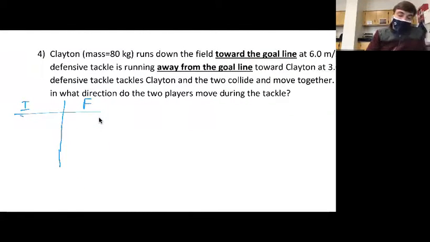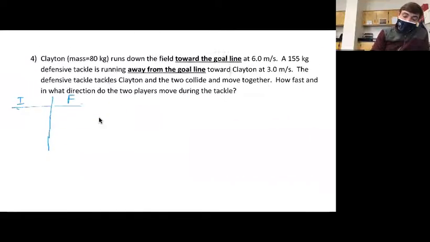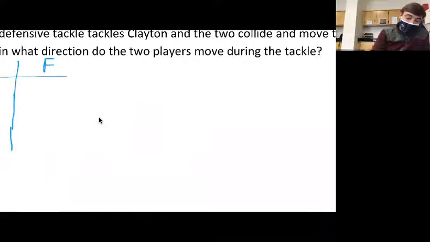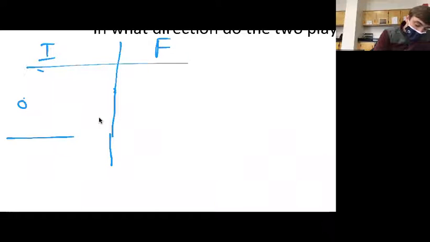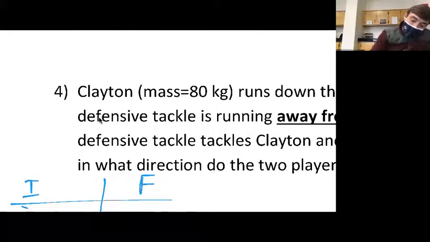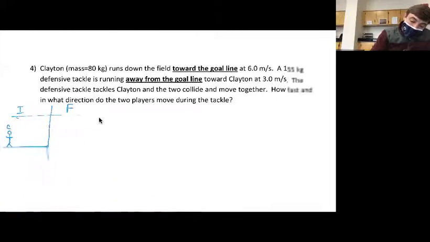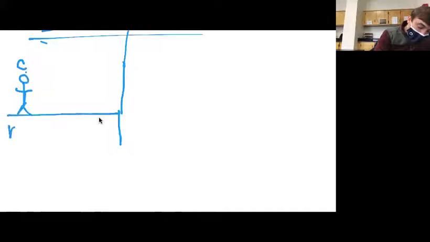So in the beginning, Clayton, mass 80 kilograms, runs down the field toward the goal line at 6 meters per second, and the defensive tackle is running in the opposite direction. So initially, Clayton. And then under the picture, I like to put the information.